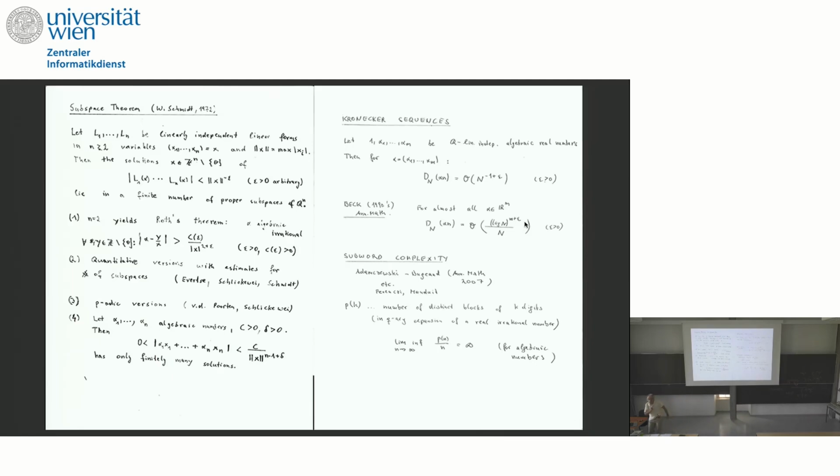It is a theorem saying that if a product of independent linear forms satisfies an inequality, so if this product in absolute value is less than the norm of x to the minus epsilon, where the norm is the maximum norm and the absolute value is the standard absolute value, and x is a vector in n dimensions, n bigger than 2, then it is only possible that these solutions lie in a finite number of proper subspaces of the n-dimensional space.